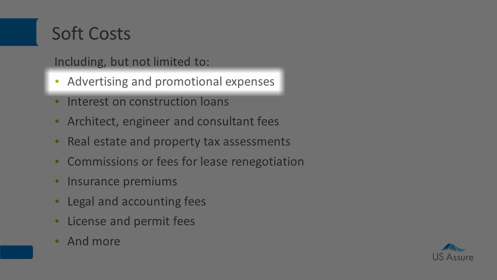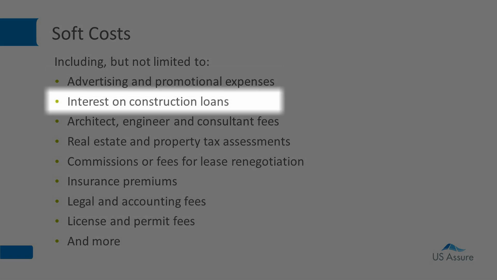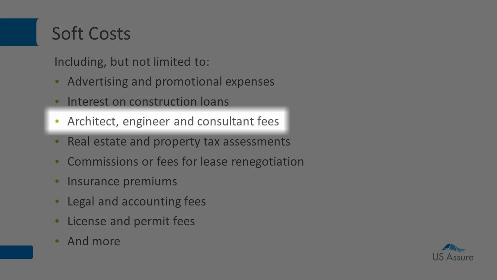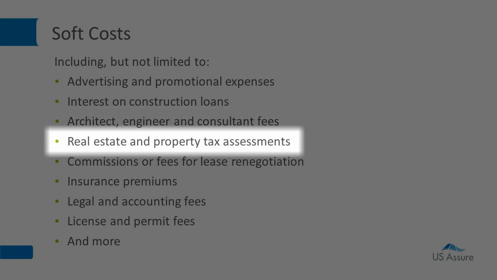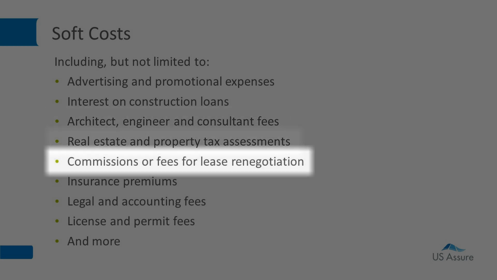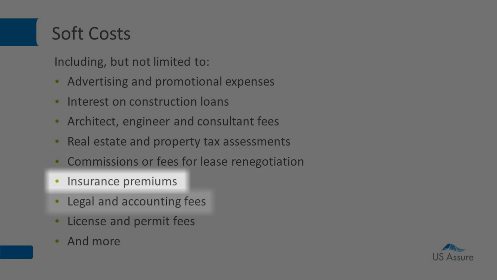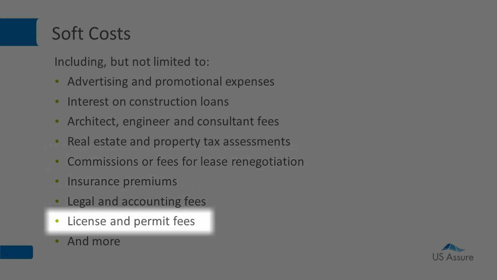They include advertising and promotional expenses, construction loan interest, architect, engineer, and consultant fees, real estate and property tax assessments, commissions or fees for lease renegotiation, insurance premiums, legal and accounting fees, license and permit fees, and so on. And here's the important part. These soft costs would likely have been paid prior to construction.